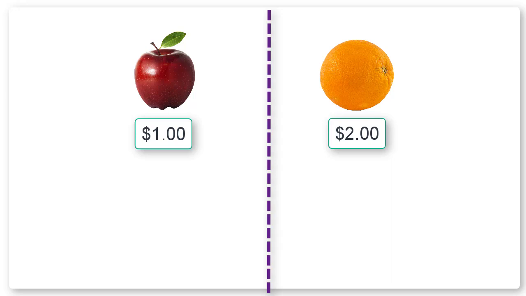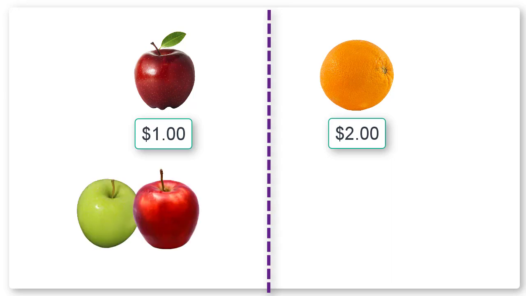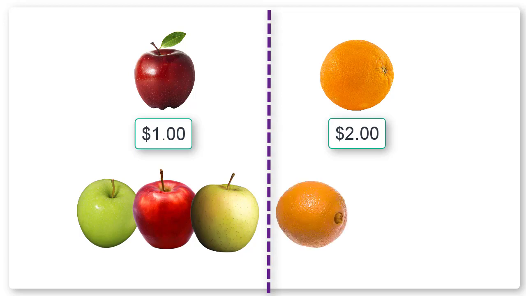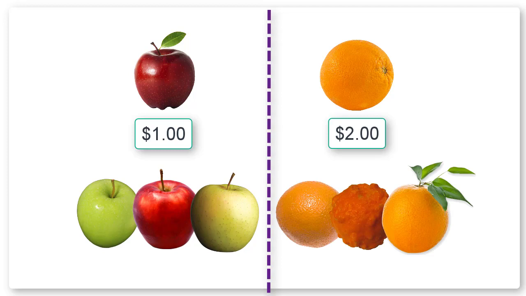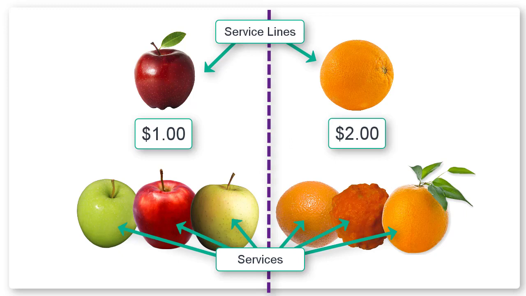For example, Granny Smith, Red Delicious, and Golden Delicious apples would all be billed at the same rate. For oranges, you could have Navel, Seville, and Valencia oranges billed at another rate. Using this example, apples and oranges are service lines, and the different variations within them are called services.